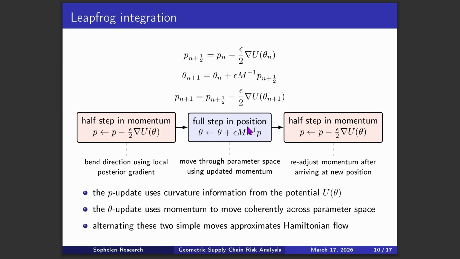And of course, in the beginning, we would throw away some of the samples, and those are called burn-in. So overall, this integration method is so darn clever. It utilizes the geometry of the space at every single step. It's extremely clever and extremely efficient.